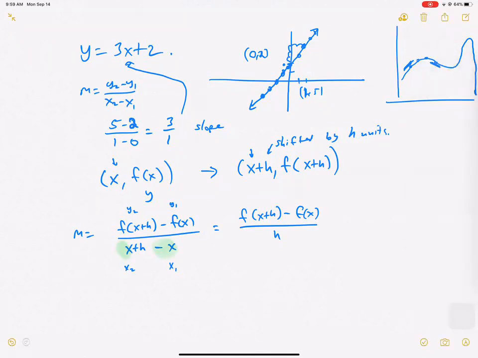Now the crazy part is that this still defines rise over run, where f minus f is how far you changed in the y direction, and h is how much you shifted over in the x direction. And you guys worked on IXL about this.